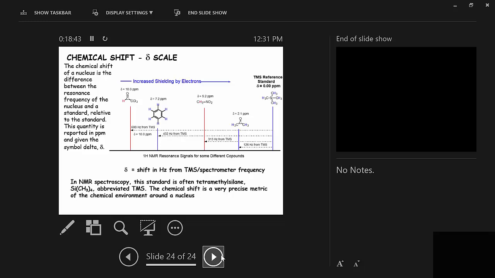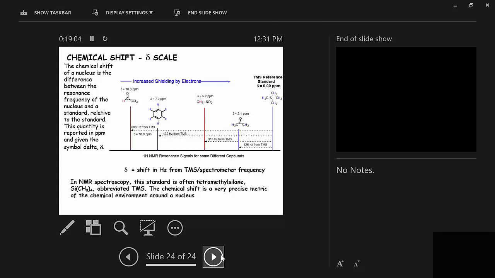And so we look at these. Delta is the shift. This is the chemical shift. And delta we read in units of ppm. TMS is our standard. This is our reference. This is an arbitrary 0. So we just set this at 0 ppm and then measure how many. So this is 126 hertz.